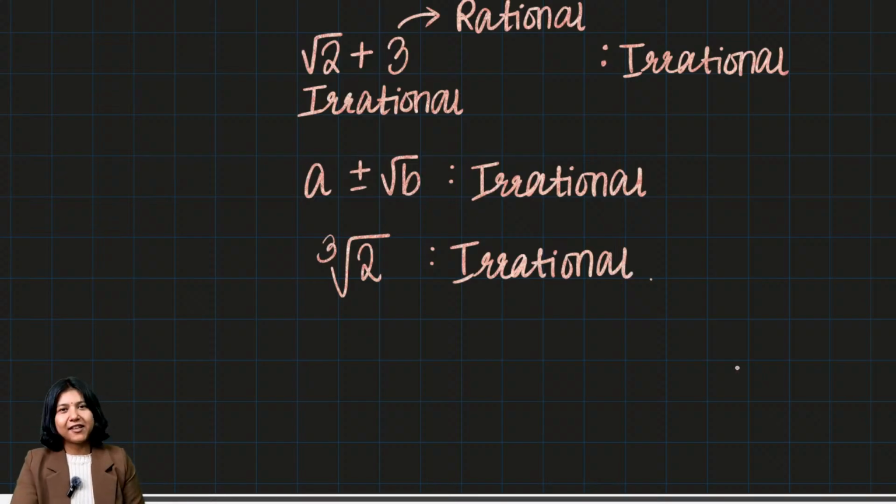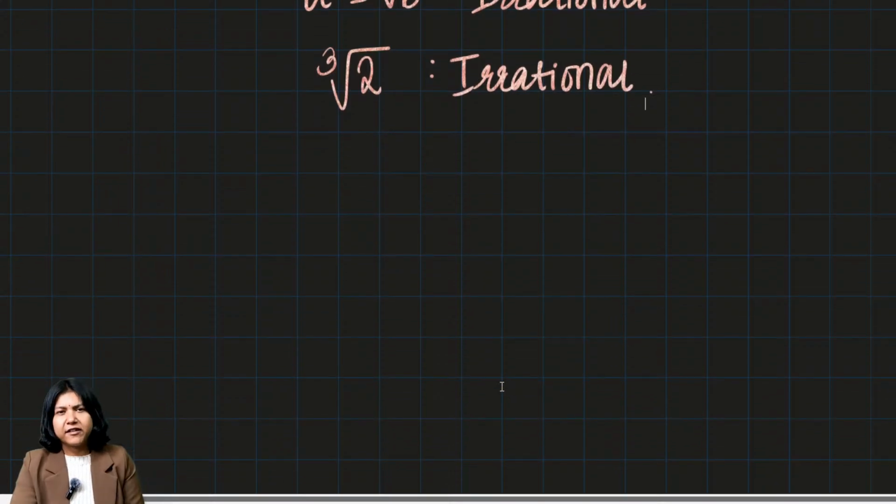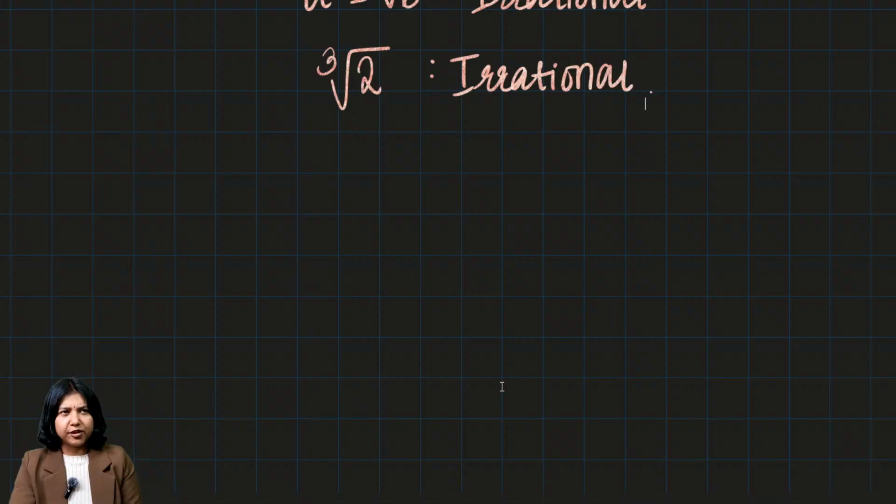Now they'll ask you some tricky questions. Questions will be like, give an example of two irrational numbers that add up to give you a rational. Now that is interesting, isn't it? Think of two numbers such that they are irrational, but they give you the sum or the difference rational.